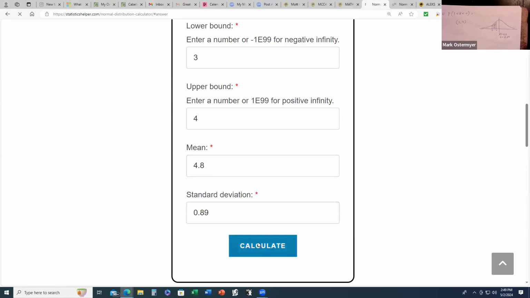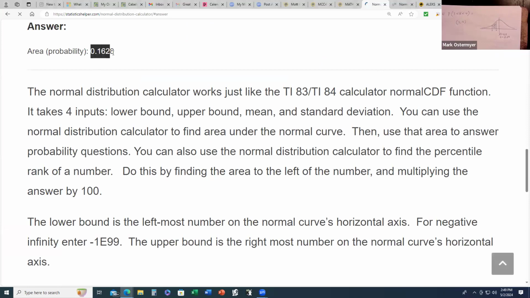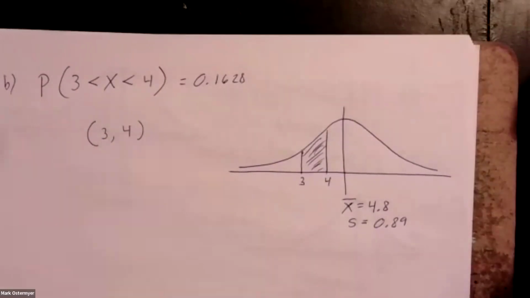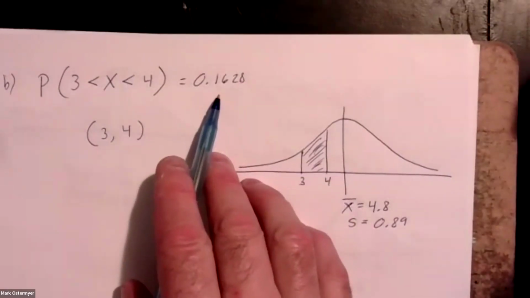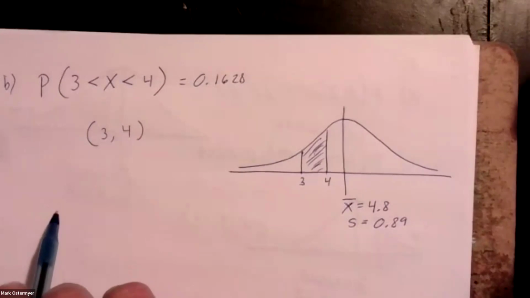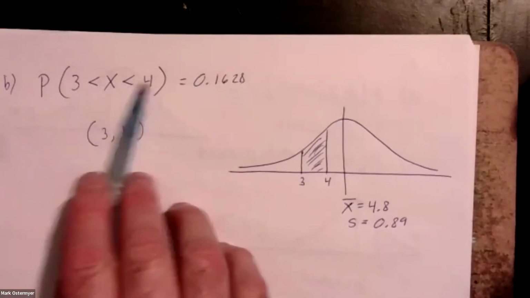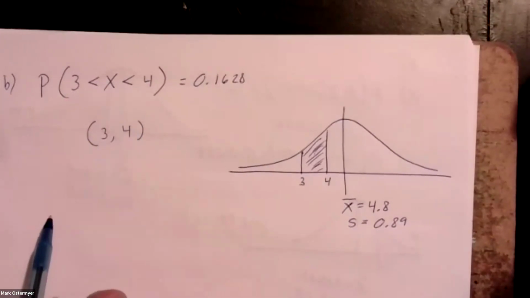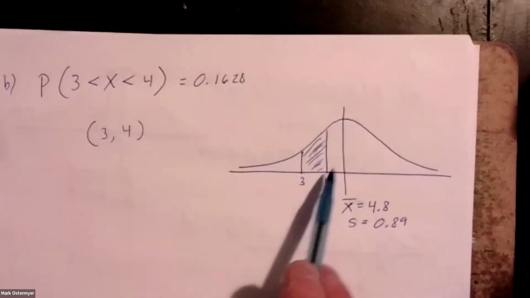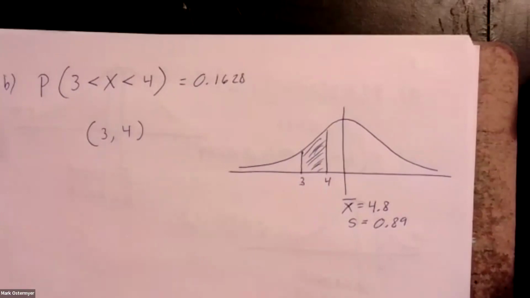Click on calculate and there you go. This would be that area or that probability. And so there's about a 16% chance that we will randomly select somebody who will keep their old TV for about 3 to 4 years before buying a new one. This probability is equal to this area right here between 3 and 4.